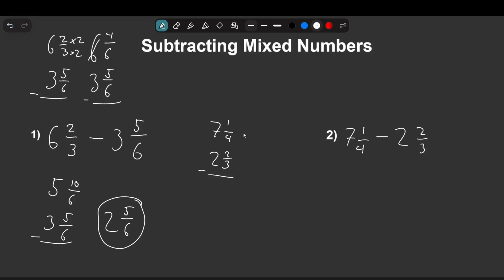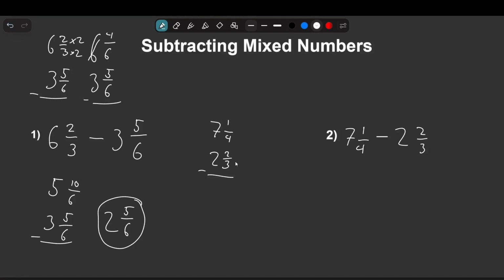So now, again, we have to make our denominators the same. So in this case, we have to change both of them up, because we can't get to 4 or 3 with both of the denominators. So we can think of the multiples of 3 and 4, which are the same answer for both.